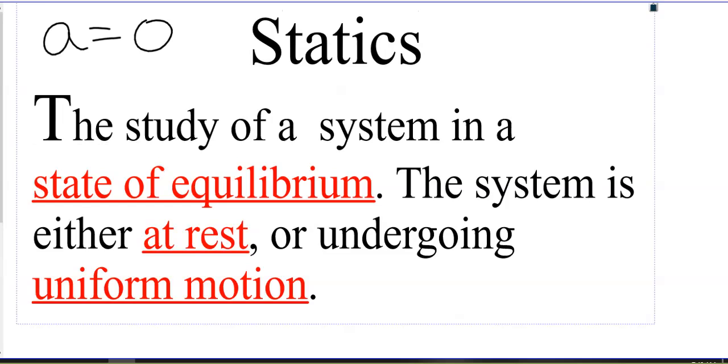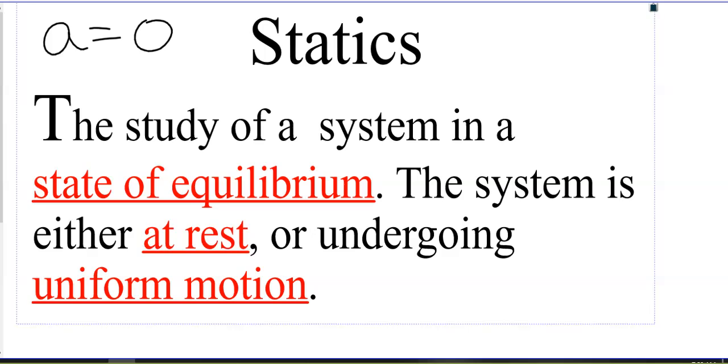But breaking it down in the next few classes, we're going to get into states that are static. And so when you have a static state, that means it's in a state of equilibrium. There is no acceleration. So the body's either at rest, not moving anywhere, or else it's undergoing uniform motion. So that would be traveling at a constant speed in a single direction. It's not turning left, right, it's not going up a hill, going down a hill, not going up in the atmosphere.